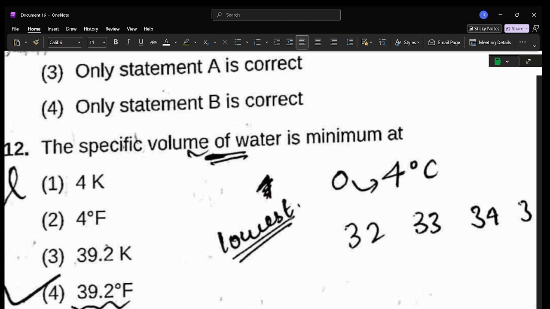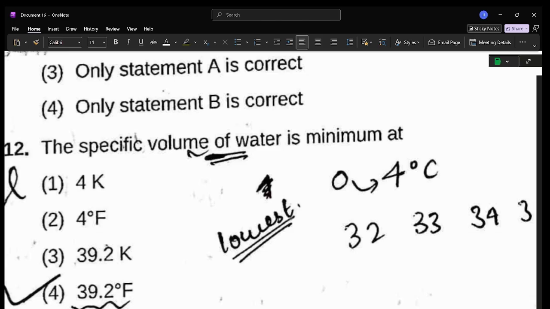You need to use a different method. How many divisions again in the Fahrenheit scale?